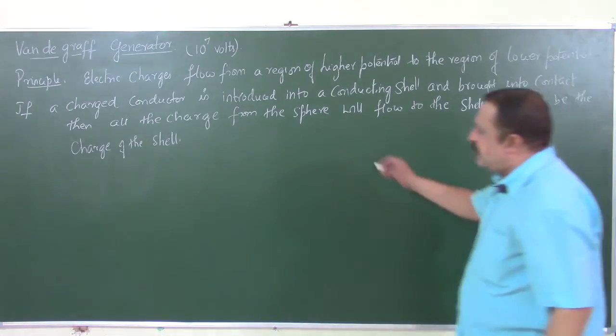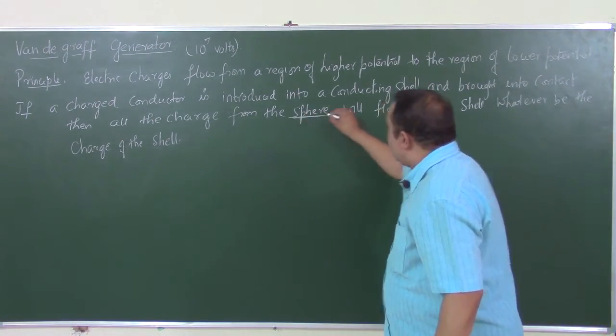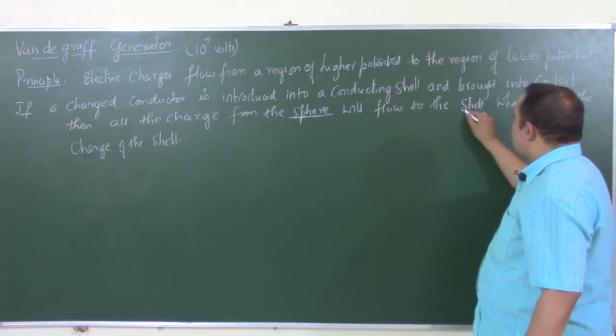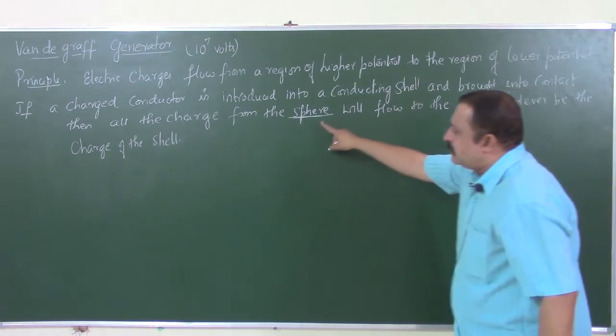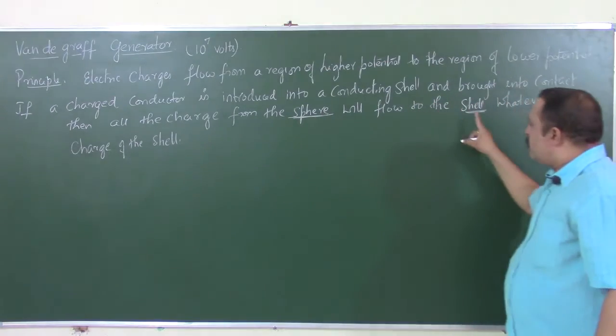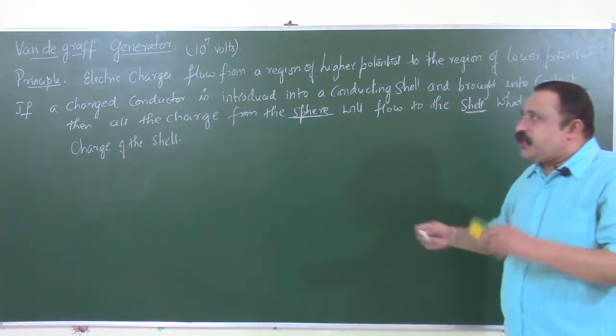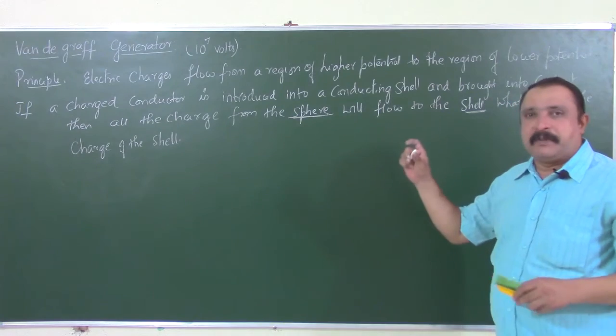So, now we can understand that the sphere is at higher potential and the shell is at lower potential because charges flow from sphere to shell. Now, we have to prove this principle.